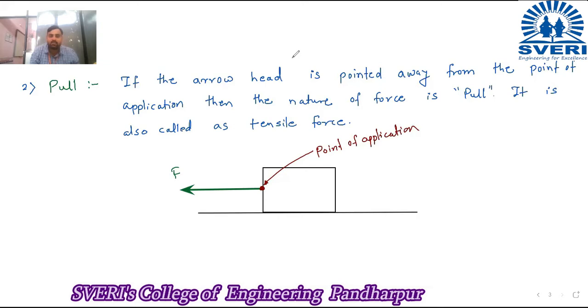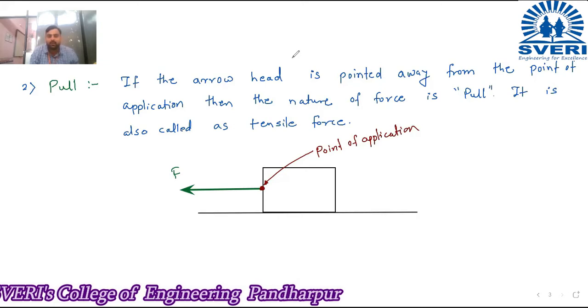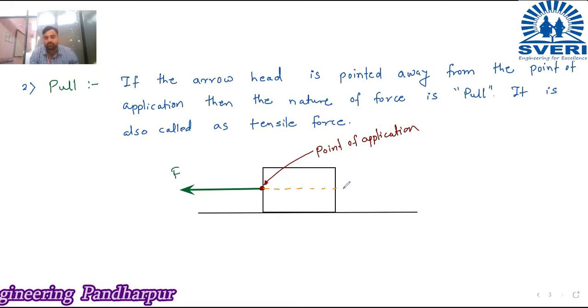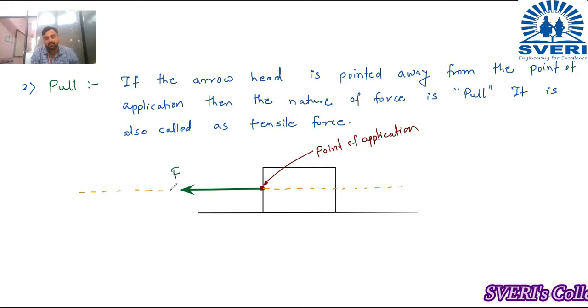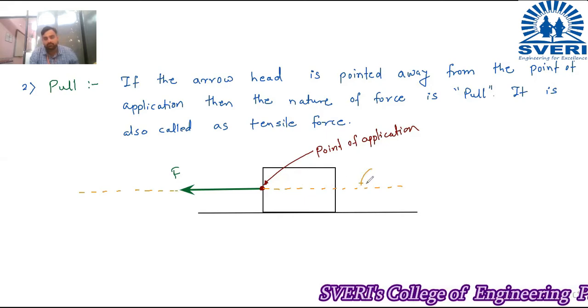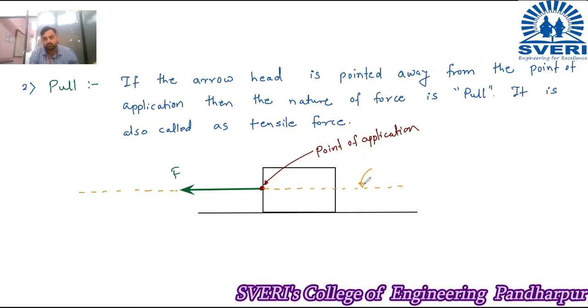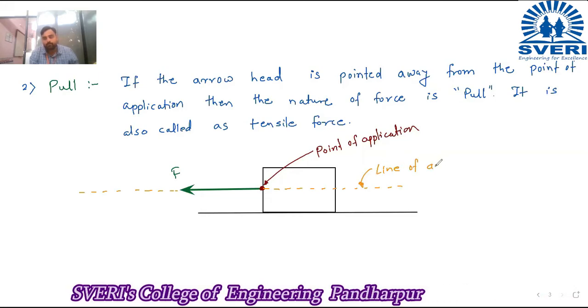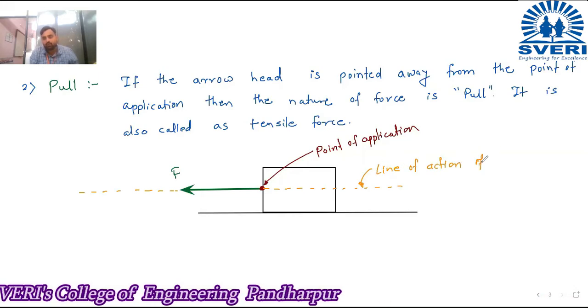And the line of action, the concept is again same. If I draw over here the line of action, it will be like this. This is the line of action of this force. You can draw the line of action like this. Line of action of force.